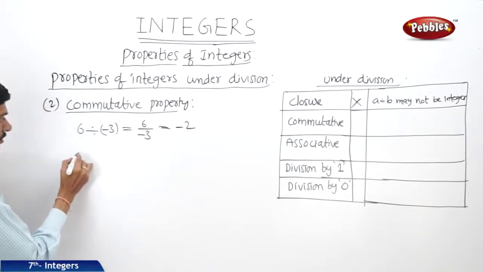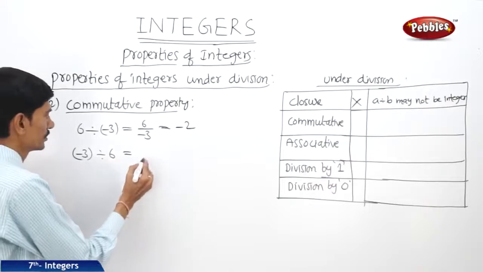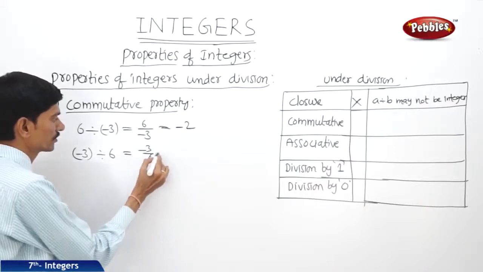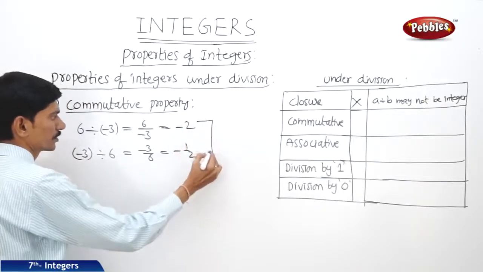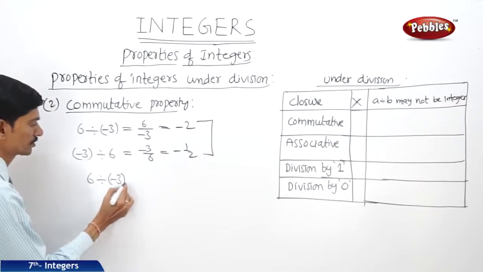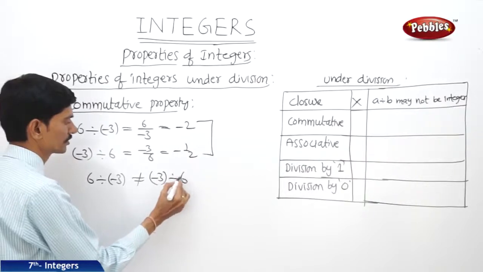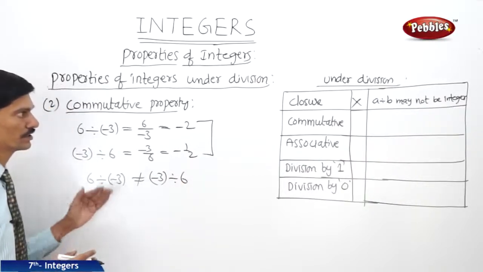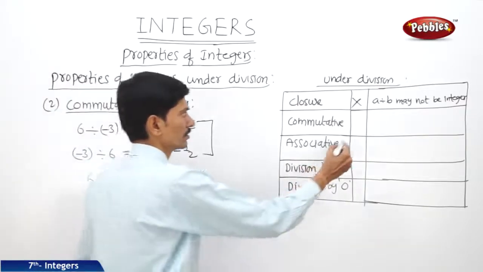And then when minus 3 is divided by 6, we get minus 3 divided by 6 equals minus 1 by 2. So here both the quotients are not same. So we can write that 6 divided by minus 3 is not equal to minus 3 divided by 6. So we can say that integers are not commutative under division.